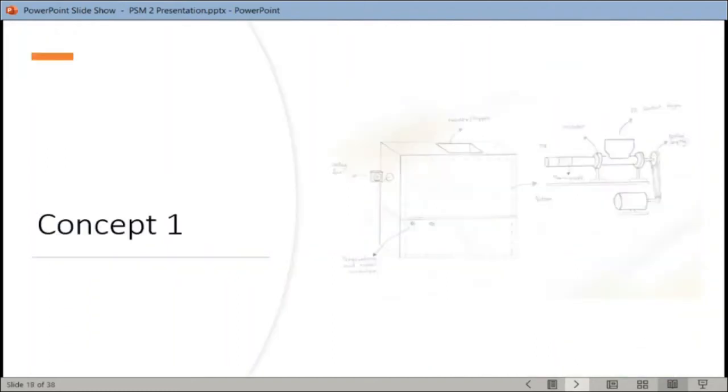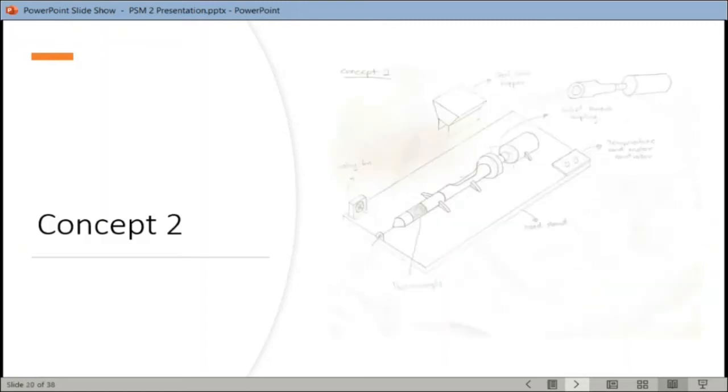Conceptual design. Concept 1 has a box-shaped housing using a belt as a coupling and a custom 3D printed hopper or feeder. Concept 2 used a wood-based stand, steel plate hopper and socket wrench coupling.